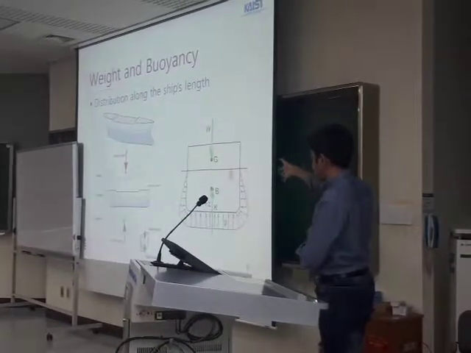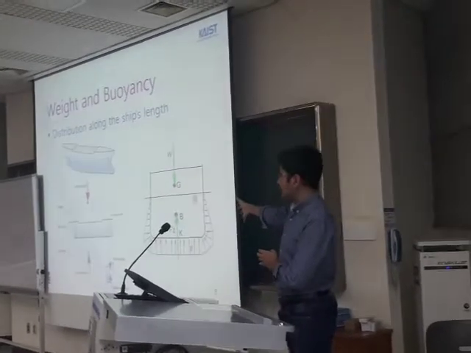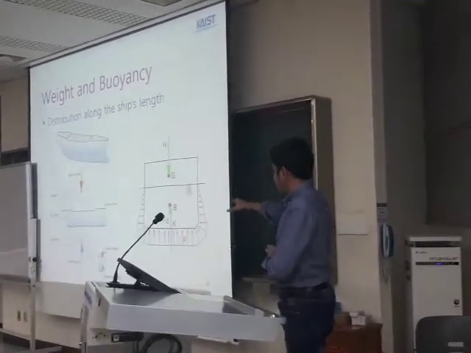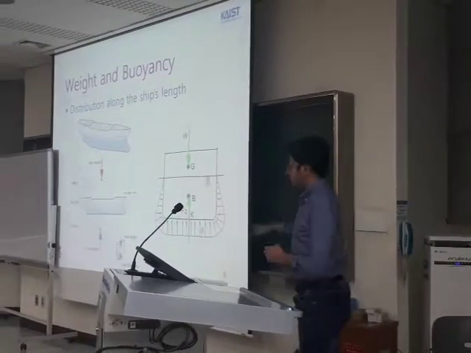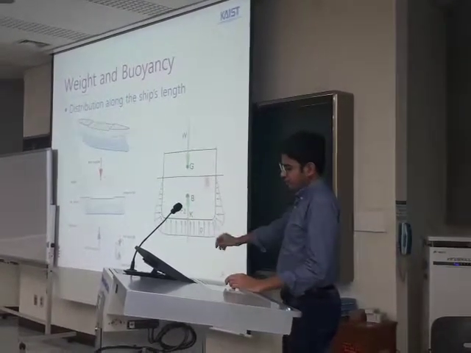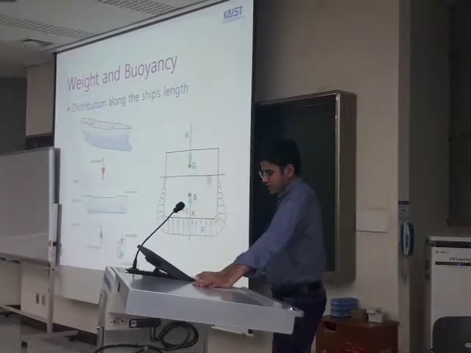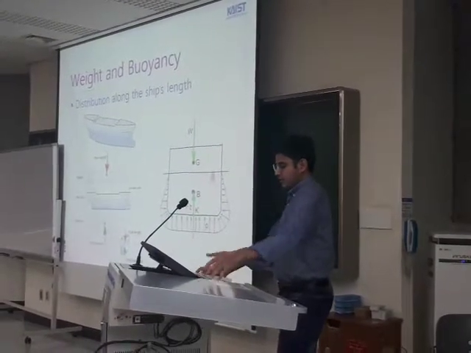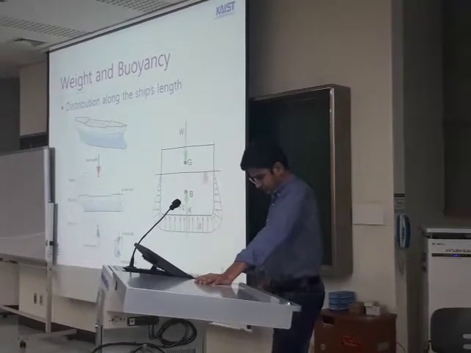And you can see that since the buoyant forces are coming from the underwater section of the ship's hull, the location is relatively lower than the weight. Weight is coming from all the containers and other cargo equipment, so that can be higher.